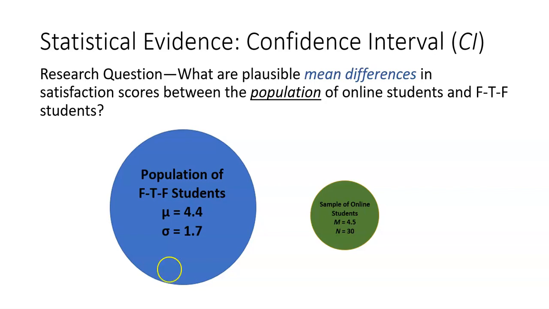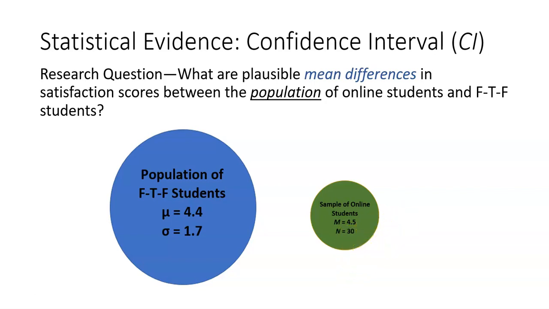Now we know the mean difference between the sample and the population here is 0.1. But again, this sample might not be a perfect representation of the population of online students. So we need to have some margin of error. We need to find out how far off this sample could plausibly be.